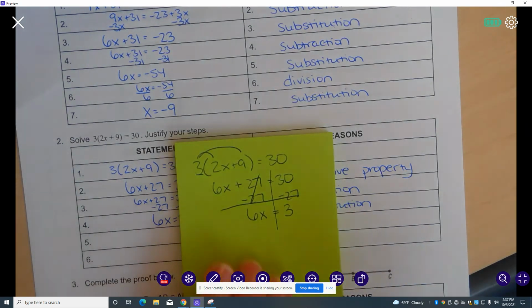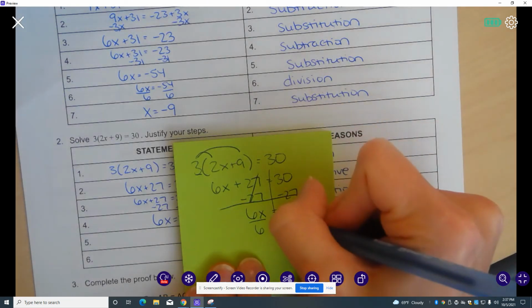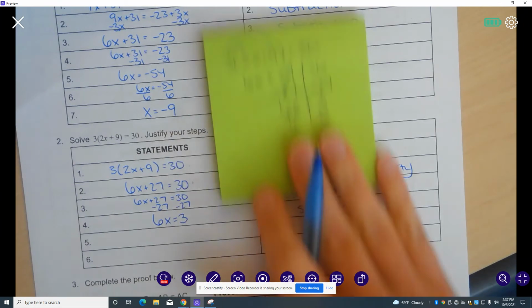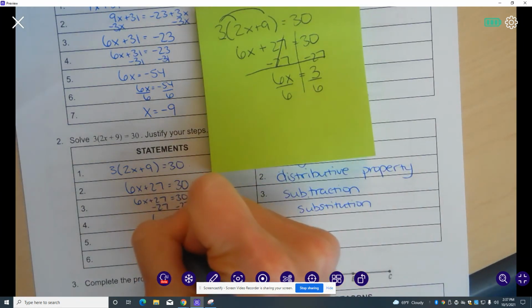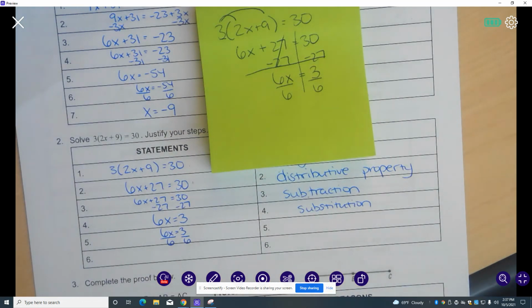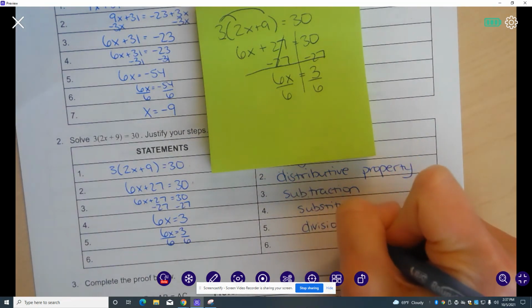Now when I'm solving this to get rid of the 6, I have to undo that multiplication by dividing both sides by 6. Put that in your proof. Rewrite your equation. Show the division on each side. We're using the division property.